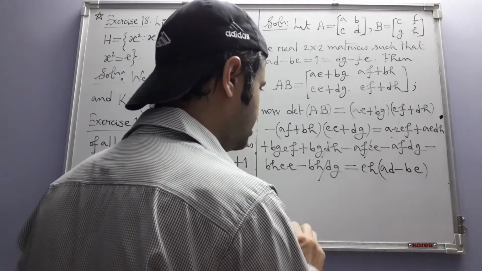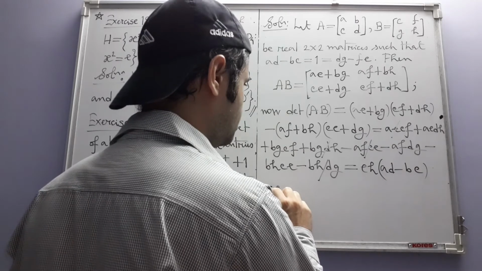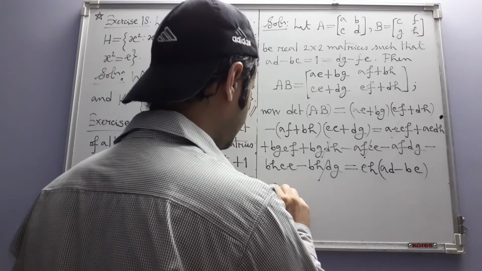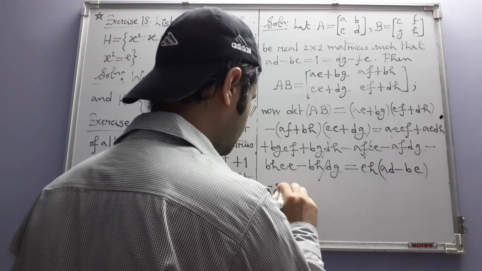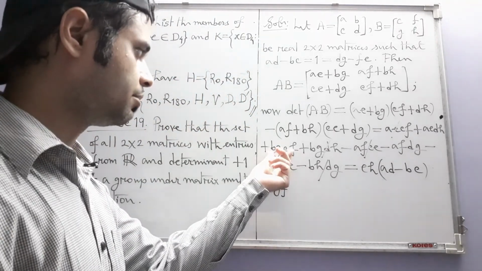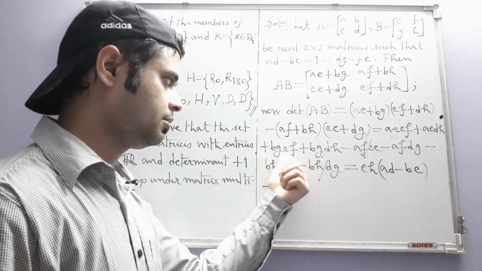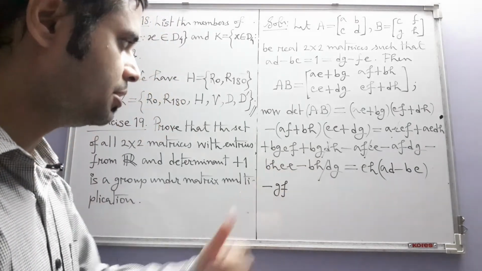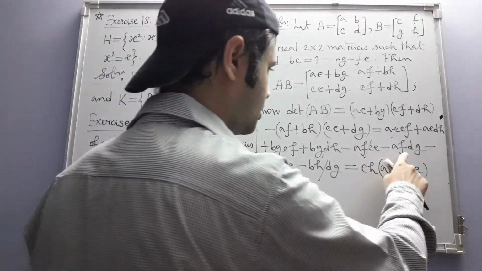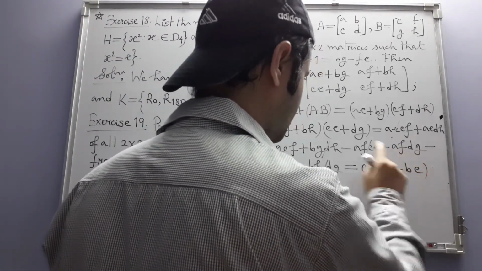And from the remaining two, if we take minus FG or GF common out, then inside we will have minus BC from this one, and AD from this one.